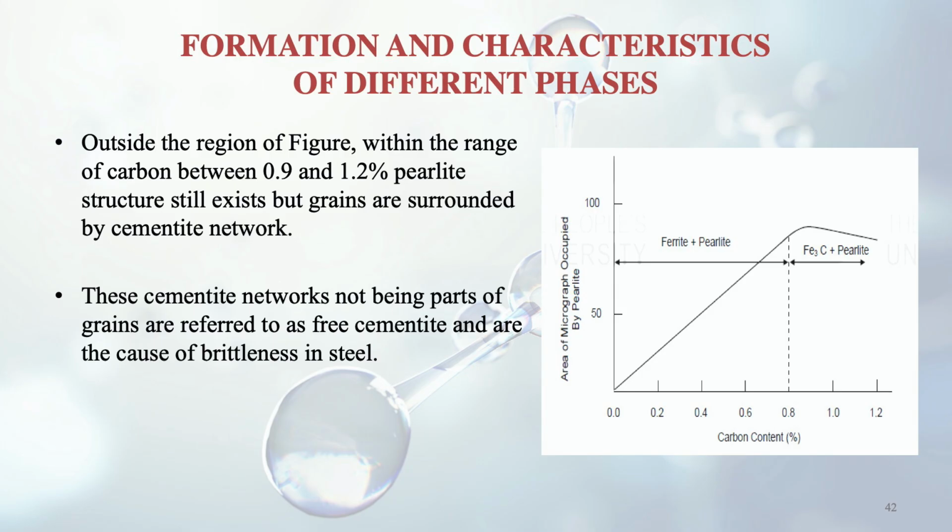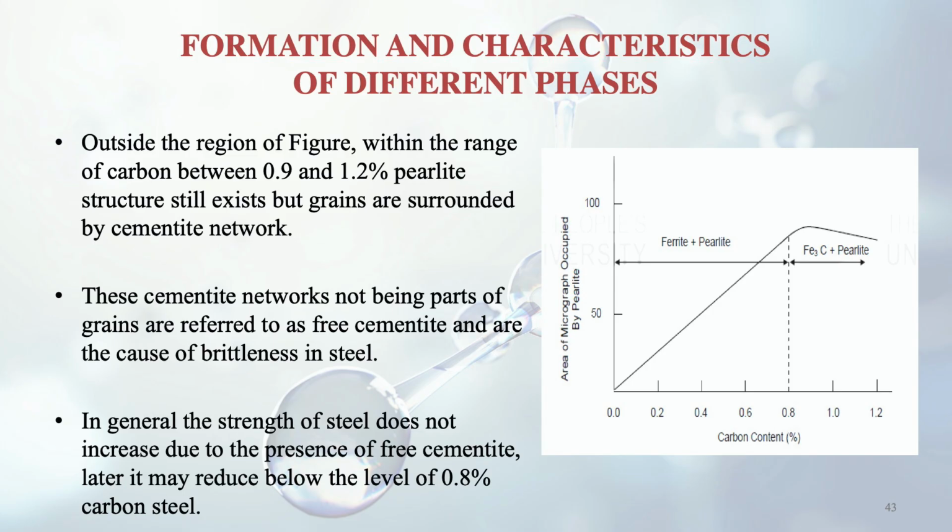We have pearlite here, but the cementite amount is increasing gradually. These cementite networks, not being parts of grains, are referred to as free cementite and are the cause of brittleness in steel. So the cementite actually will cause brittleness.